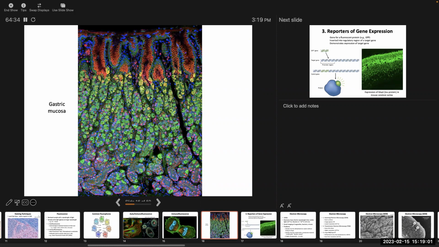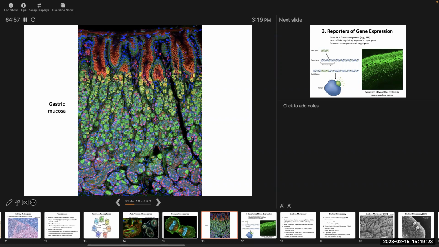So this is the gastric mucosa. And if you look up at the top, you see the bright red fluorophores attracted to the columnar epithelial cells that are lining the gastric pits. These are the gastric glands. But then there are other glandular cells that extend deep down into the mucosa.